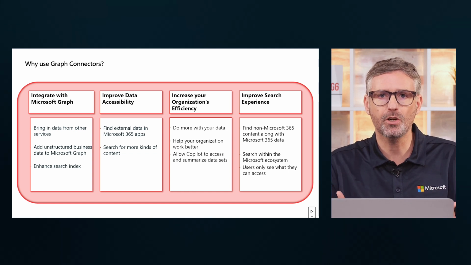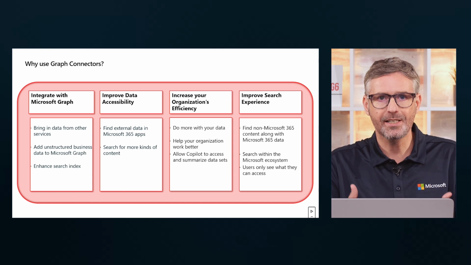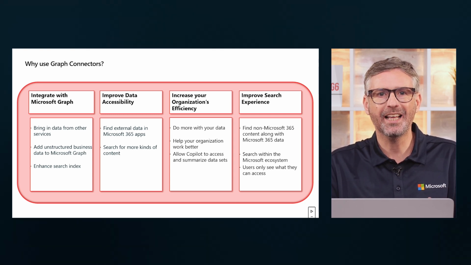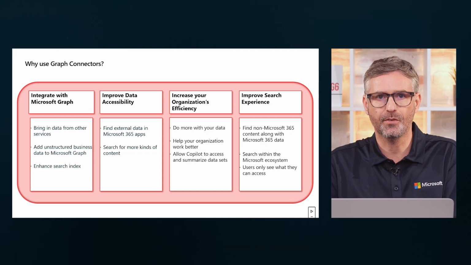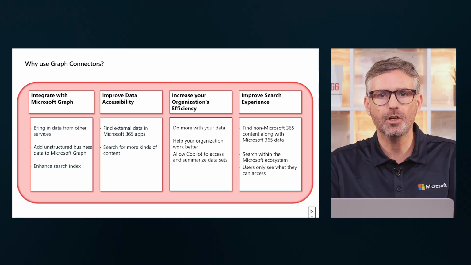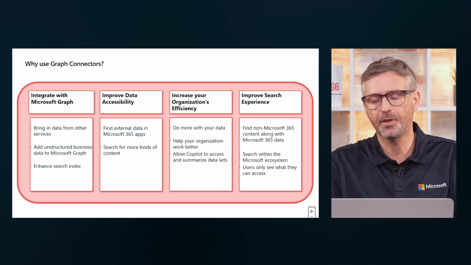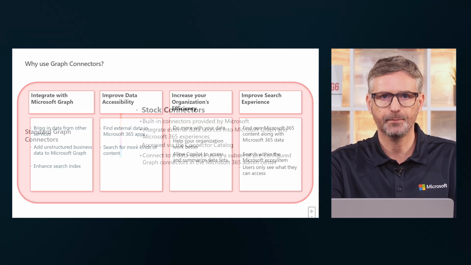They maintain permissions from your data source, ensuring users only see accessible data. Also, they allow the addition of unstructured business data to Microsoft Graph, enabling Microsoft 365 Copilot to work with all your data.